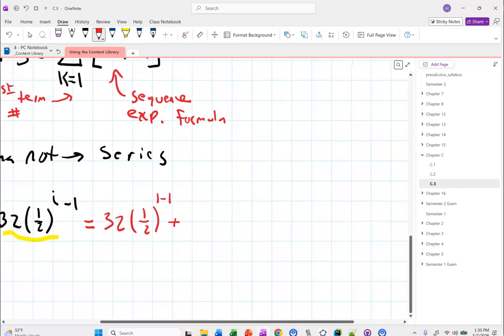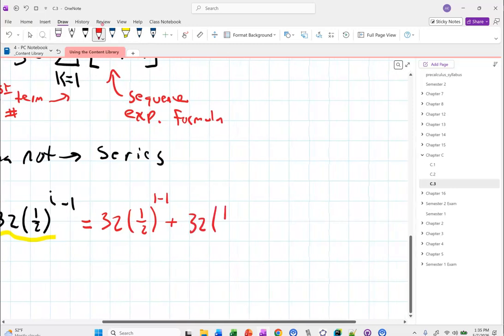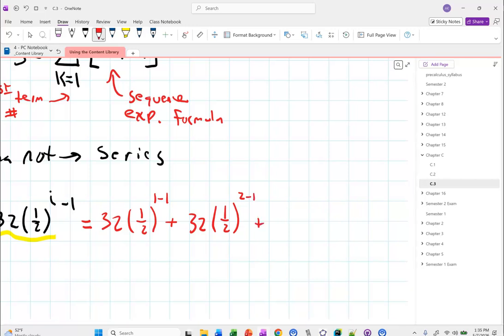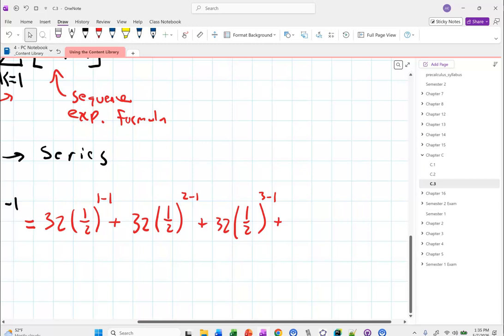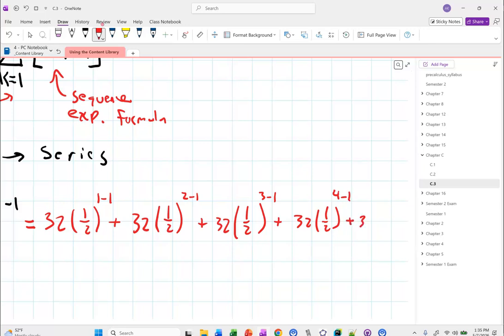So there's the first term. There's the second term. There's the third term. Forgot how many we're doing. Here's the 4th term. And then there's the 5th.